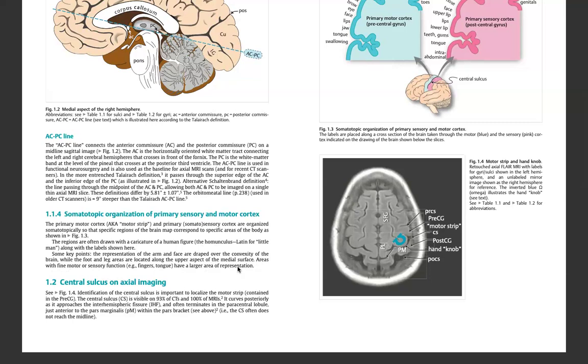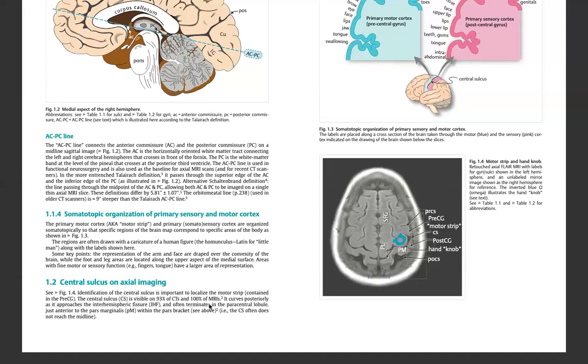Okay. For the central sulcus on axial imaging, an important imaging finding here is the central sulcus, which is usually referred to as the omega sign or the hand knob.